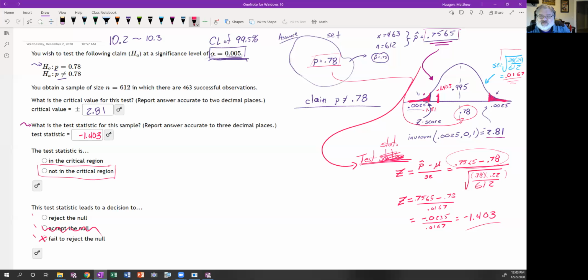We haven't proven that assumption is correct. We just haven't shown enough to indicate that the assumption is wrong. Fair? So we never accept the null hypothesis. We either reject it or we don't reject it. And to reject it, you've got to be out in those little tiny tails. And we weren't in those tails.